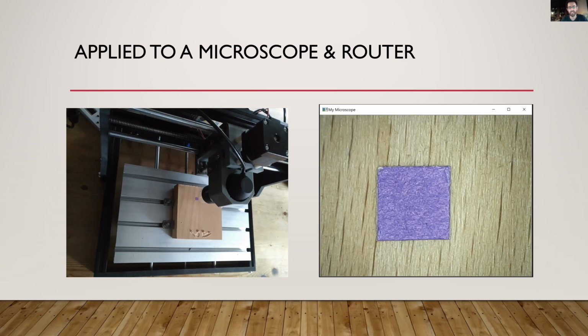And what you can see on the right hand side, I've replaced the cutting head with a small microscope and plugged it in, and so you can see an image of the wood with a small piece of notebook. It's actually a small 5mm square piece of the notebook under it.